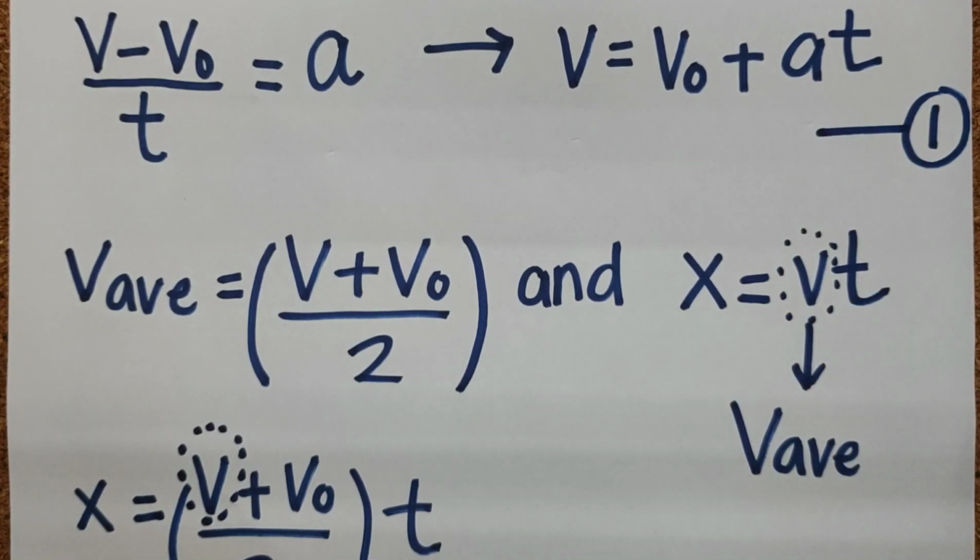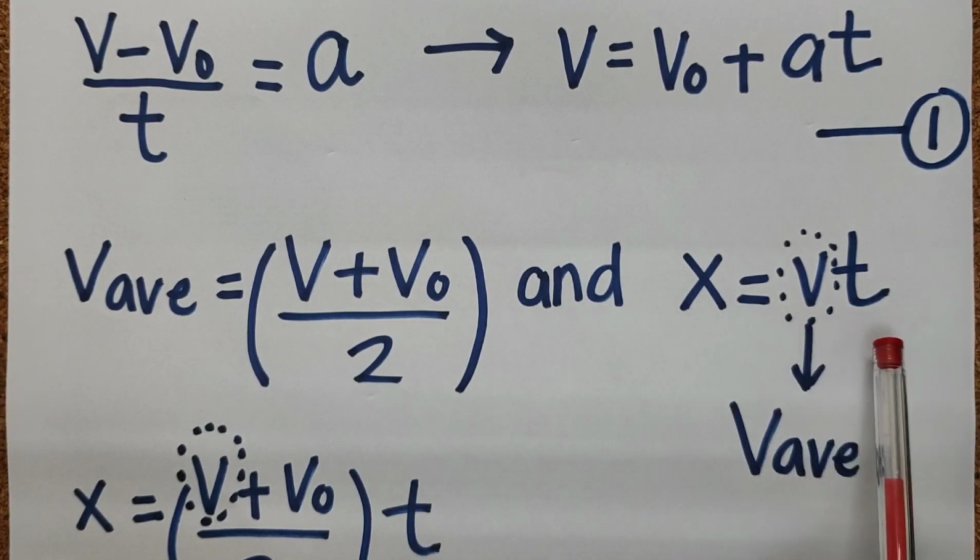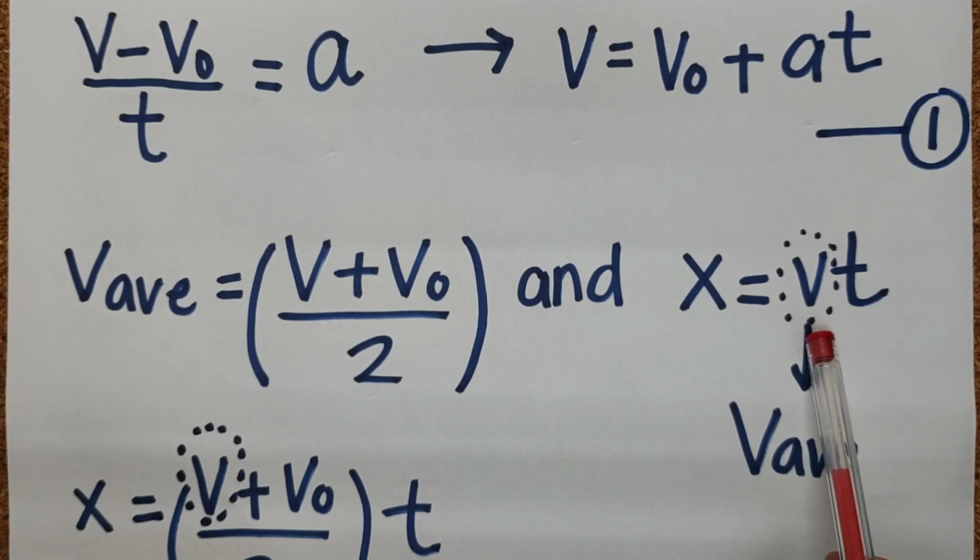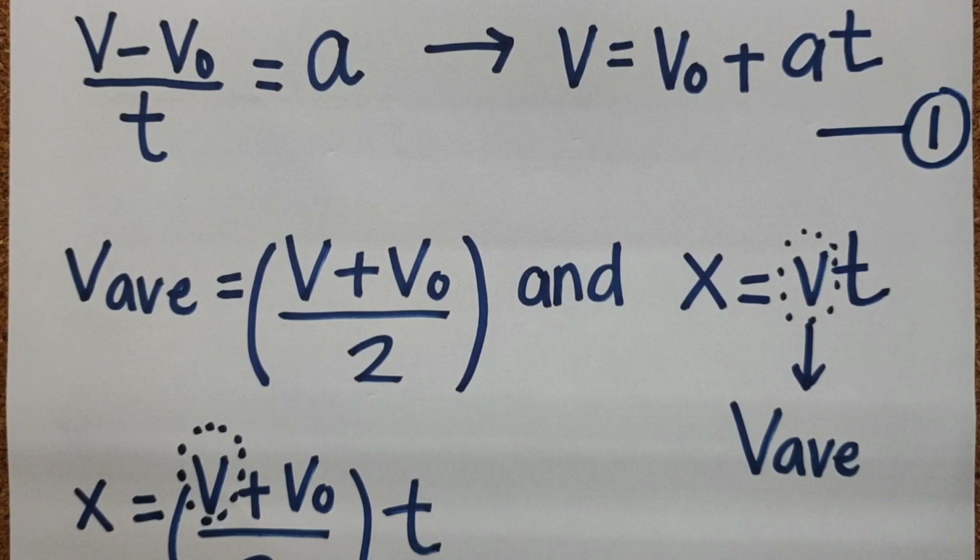Secondly, from average velocity, v plus v naught divided by 2, combine this equation with x equals v times t. So v here refers to v average. So we will get x equals v plus v naught over 2 multiplied by t.